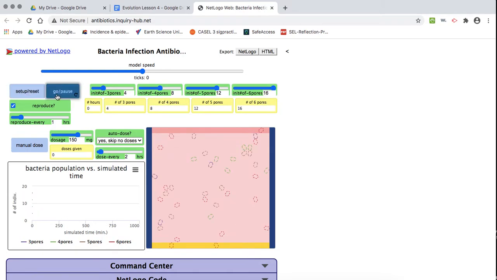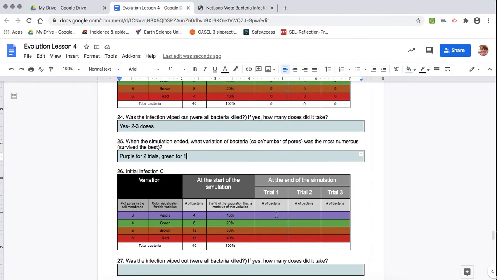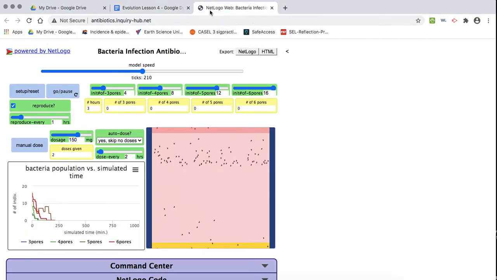Set up. Let's see what happens. Interesting. So after 2 doses, we've completely wiped out the bacteria population, and brown lasted the longest. We have no bacteria. Let's try it again.